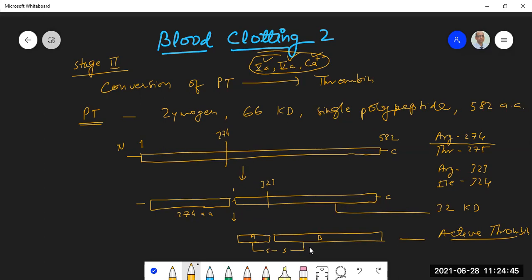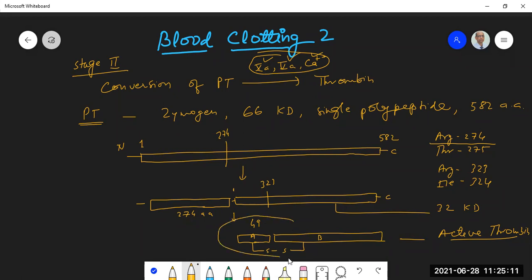It is made up of two fragments, fragment A and fragment B, right? So fragment A is something like 49 amino acids, and then the remaining amino acids, right? And these two are held together by an interchain disulfide bridge between the two fragments.